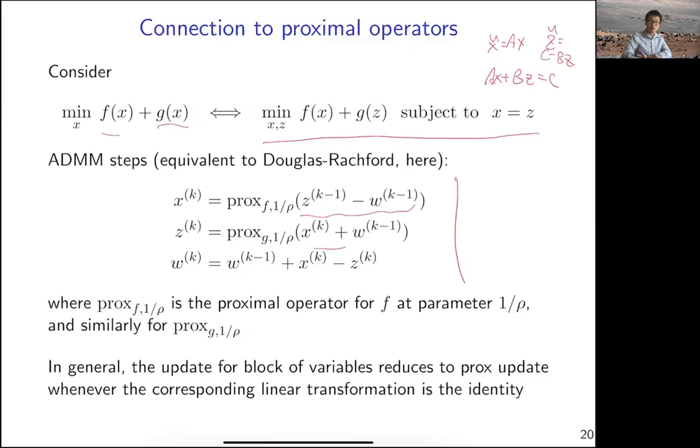From our interpretation of the prox operator, this can be thought of as a gradient descent on the smooth objective. This update rule is related to an older idea, which is why I said ADMM was known a long time before it became popular. It's just known by a different name, the Douglas-Rachford splitting method.